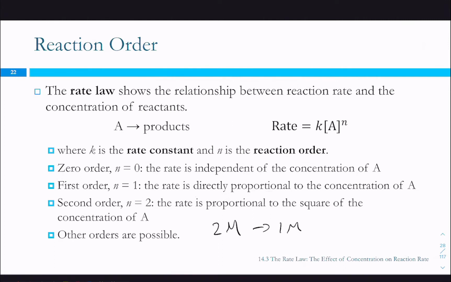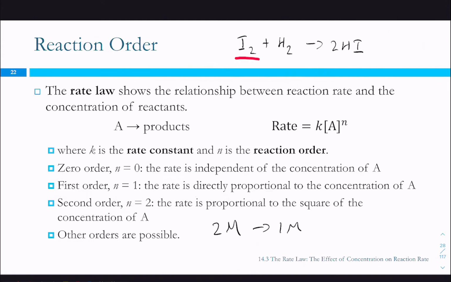So if you think about, again, let's tie this back to collision theory, especially for a second order reaction, what that's saying is the reaction is dependent on the concentration of two separate things colliding. So if we have a reaction like I2 plus H2 gives 2HI, this is an example of a second order reaction.